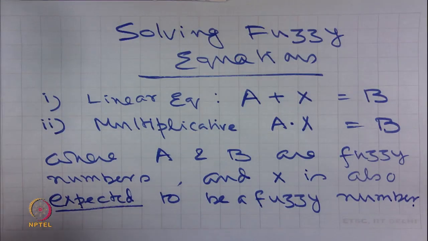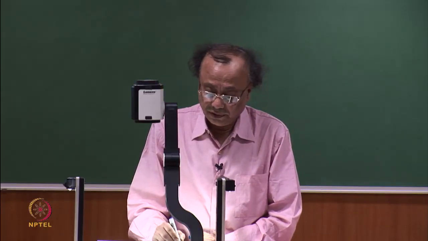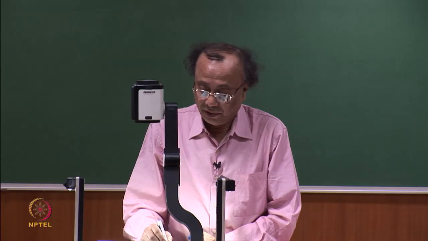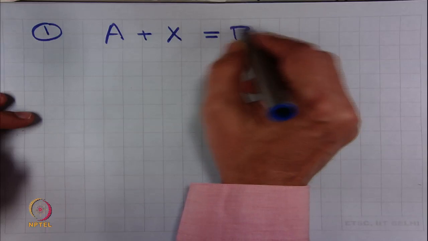Because sometimes there may be a trivial solution where x is only one real number. We shall see that later. So, let us first start with a plus x is equal to b.